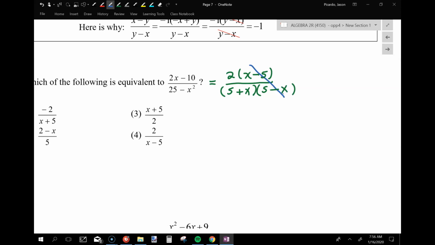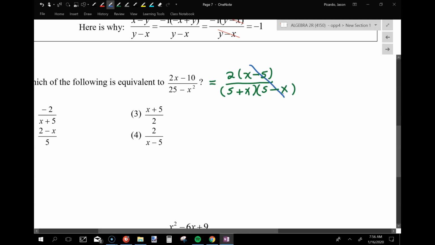Here's a really important point. Where does the negative 1 go? Does it go on the top? Does it go on the bottom?